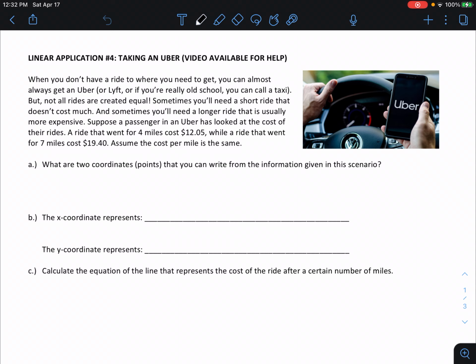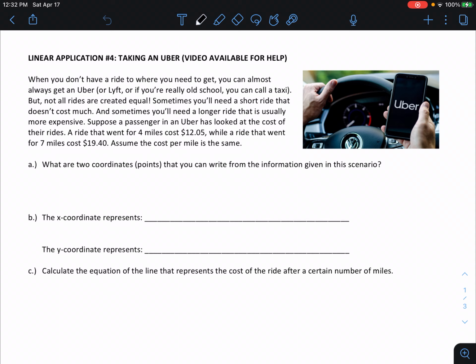Suppose a passenger, maybe it's you, in an Uber, has looked at the cost of their rides. A ride that went 4 miles cost $12.05, while a ride that went 7 miles cost $19.40. Assume the cost per mile is the same. So that little statement at the end there makes it linear, when the cost per mile is the same.